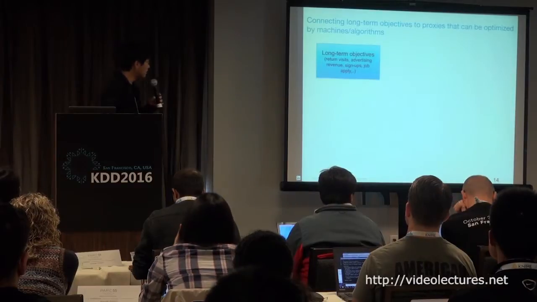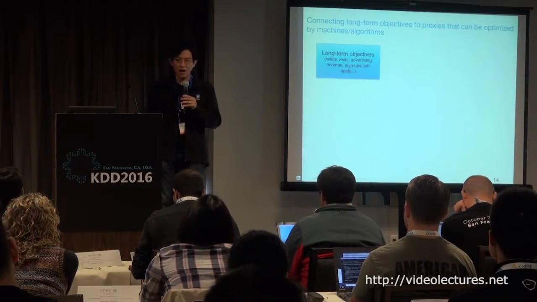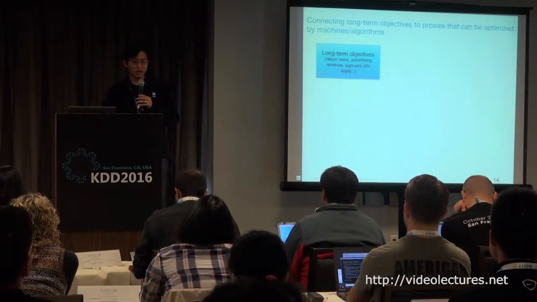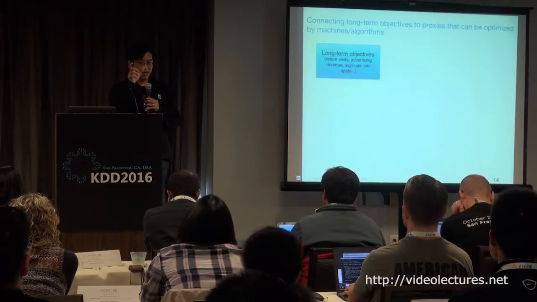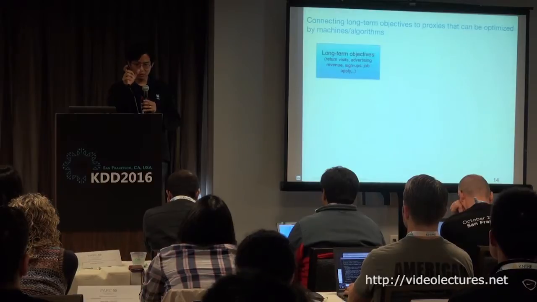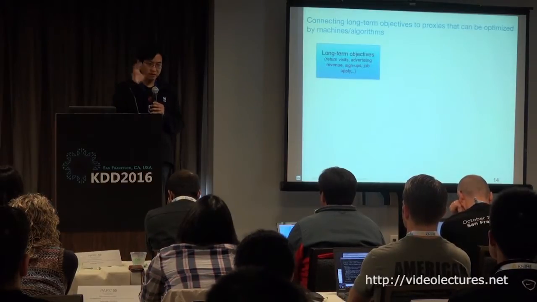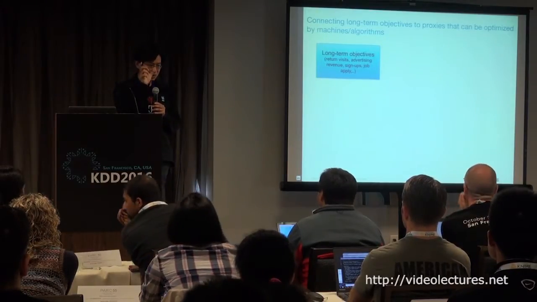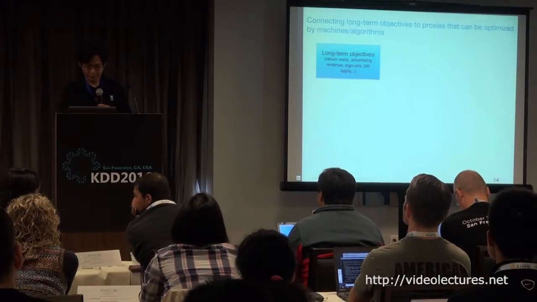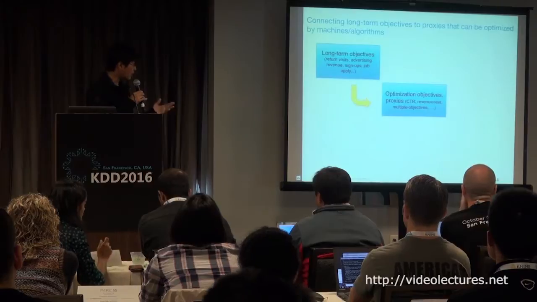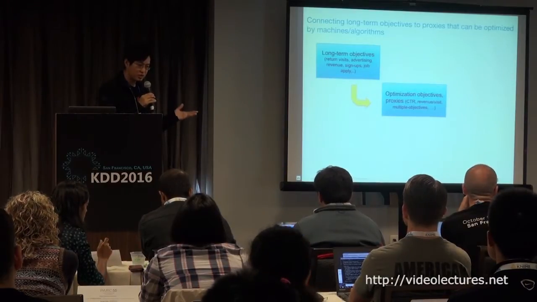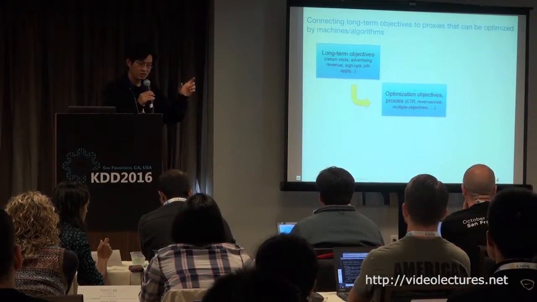However, long-term objectives are usually difficult to attribute to each individual item. When we make a recommendation, we want to evaluate how good each item is, so being able to attribute a value or a utility to each individual item is very important. So next, we need to define the optimization objective on each individual item.